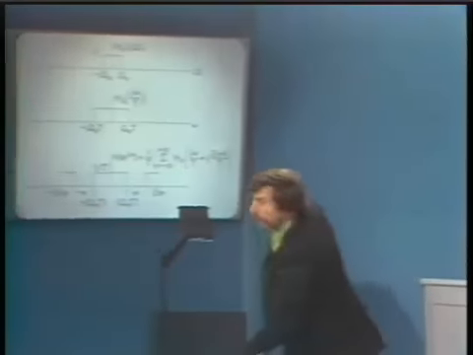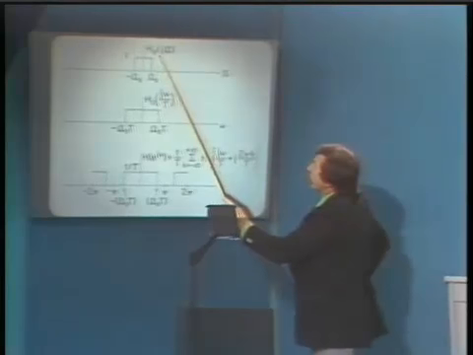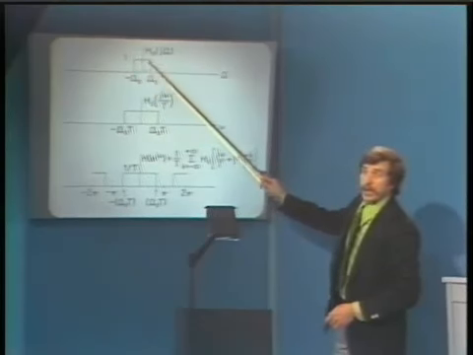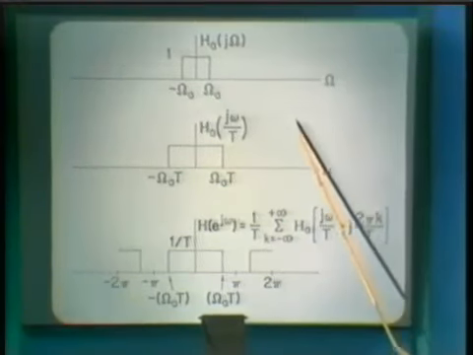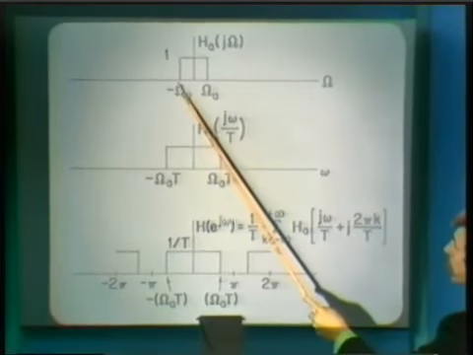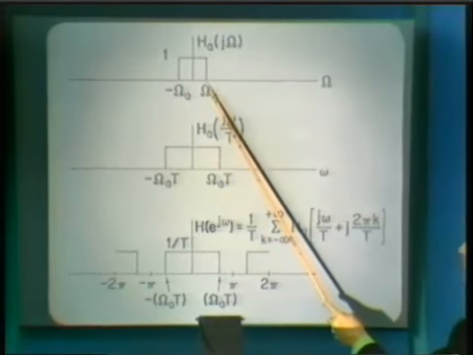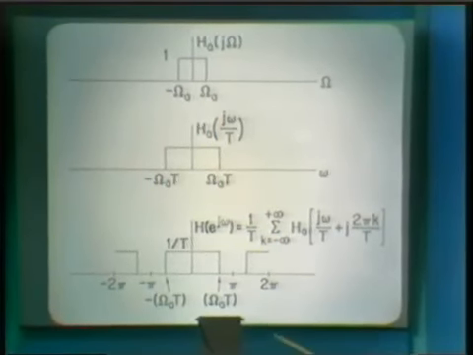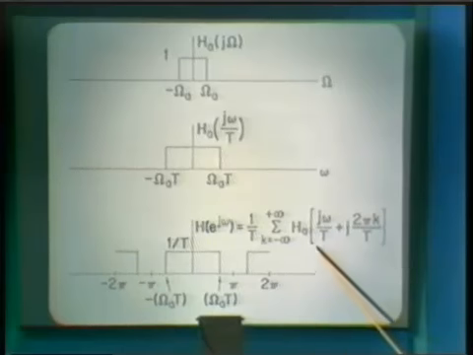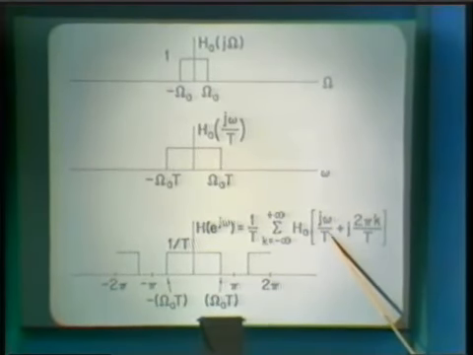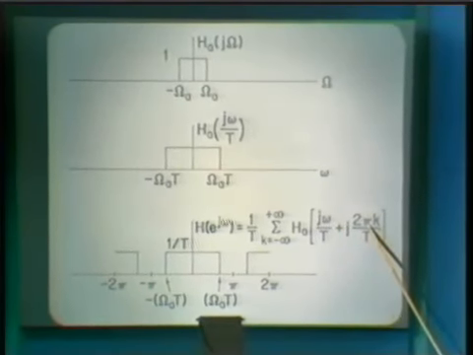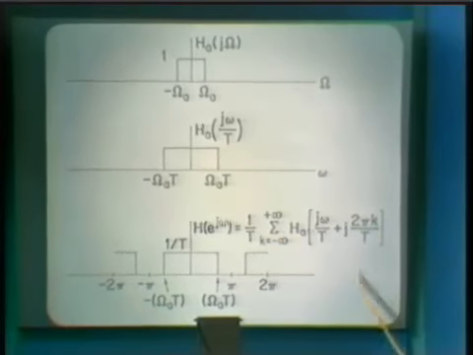Here we have the analog frequency response, and let's say that we're considering this for the case of a low-pass filter, which is what we've tended to focus on in this lecture, so that if we had an analog low-pass filter with cutoff frequency between minus omega sub a and plus omega sub a, then in forming the digital filter frequency response, we first want to form H sub a of j omega divided by capital T, and then shift that in little omega by integer multiples of 2 pi and add up those results.